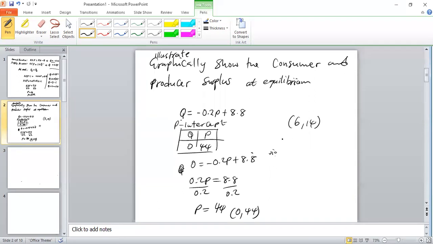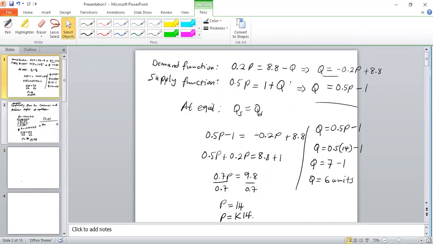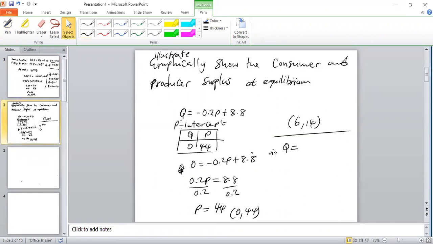Then the other one, the supply function, we said it's Q is equal to 0.5 P minus 1. Then we want to also find the intercept. We only need one coordinate, of course.